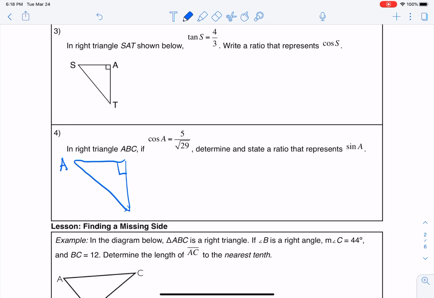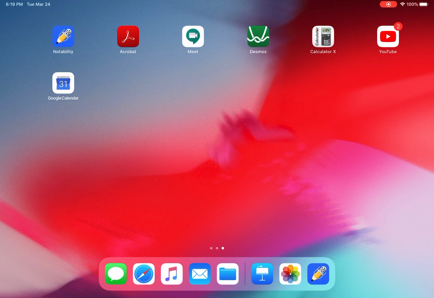Let's just call that A, B, C. And now remember, cosine of A is equal to the opposite. Is that right? No, it's not. Cosine of A is equal to the adjacent over the hypotenuse. So that's enough to get you started. You should go back and look at the notes for that problem.